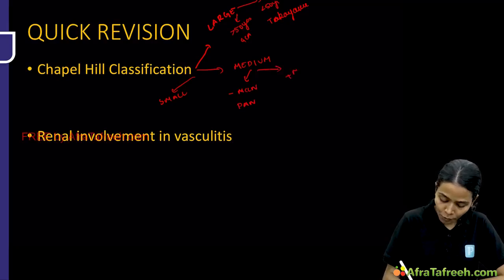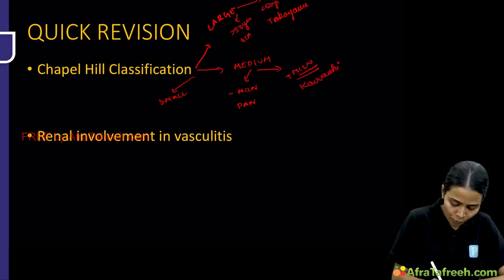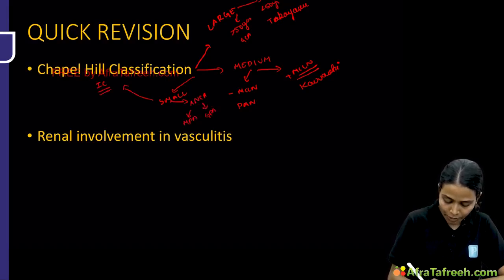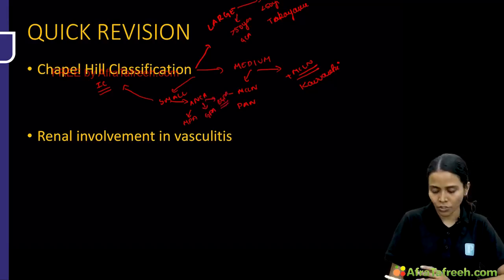With involvement of mucocutaneous lymph node, it was nothing but Kawasaki disease. And again, small vessel vasculitis was classified into immune complex associated or ANCA associated. ANCA can be further classified into microscopic polyangiitis, granulomatosis polyangiitis or Wegener's, and eosinophilic granulomatosis polyangiitis or Churg-Strauss.